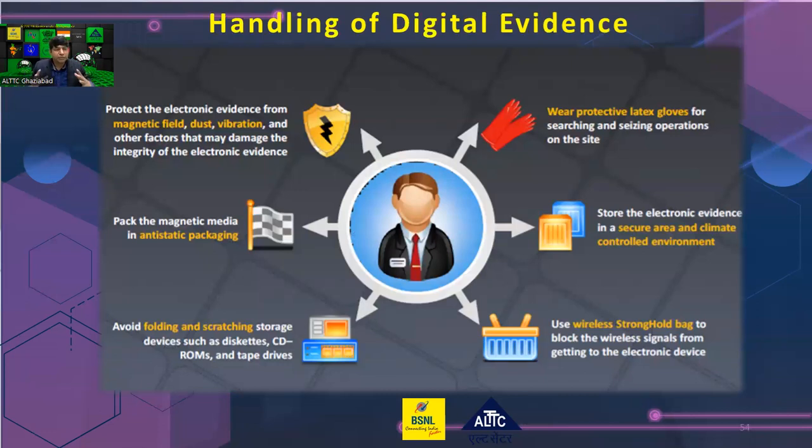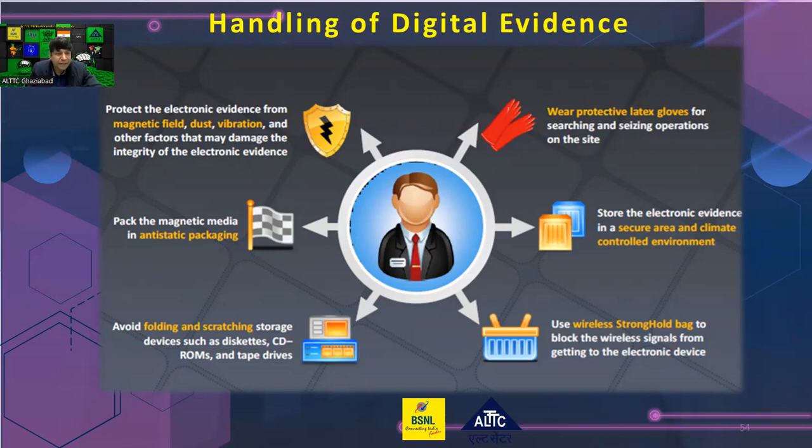After collecting, the most important step is handling the digital evidence. Protect the electronic evidence from magnetic fields, dust, vibration, and other factors that may damage the integrity of the electronic evidence. Wear protective latex gloves while searching and seizing on the site.